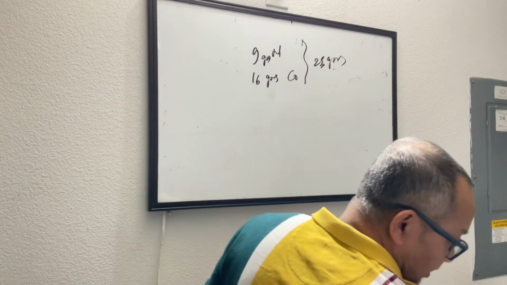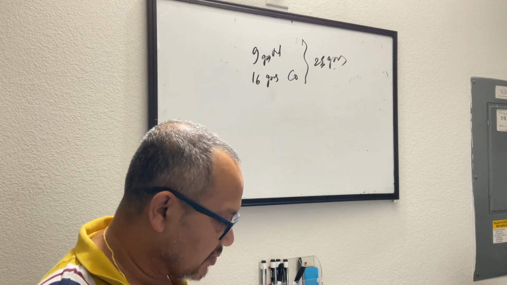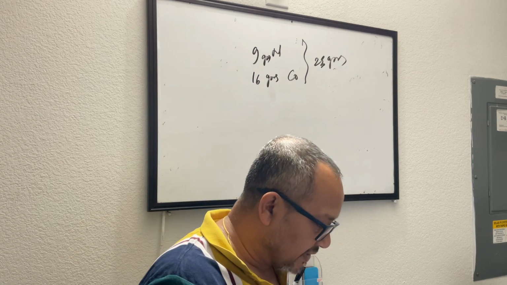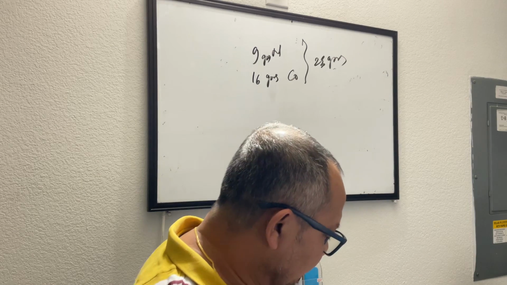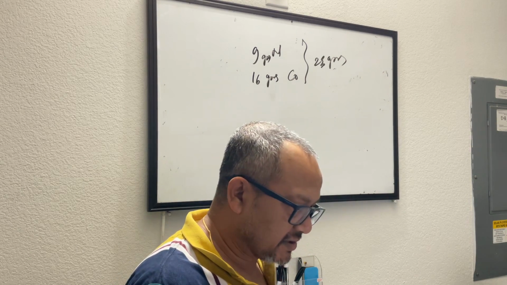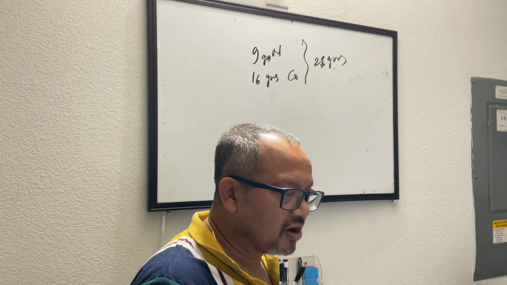Okay, it's very important that we read the question one more time, okay? A coin contains 9 grams of nickel and 16 grams of copper for a total weight of 25 grams. What percentage of the metal in the coin is copper?